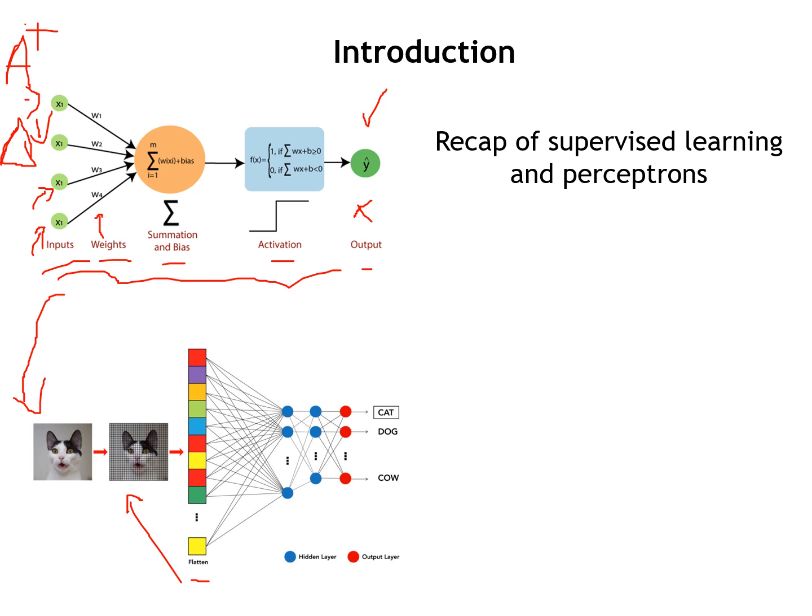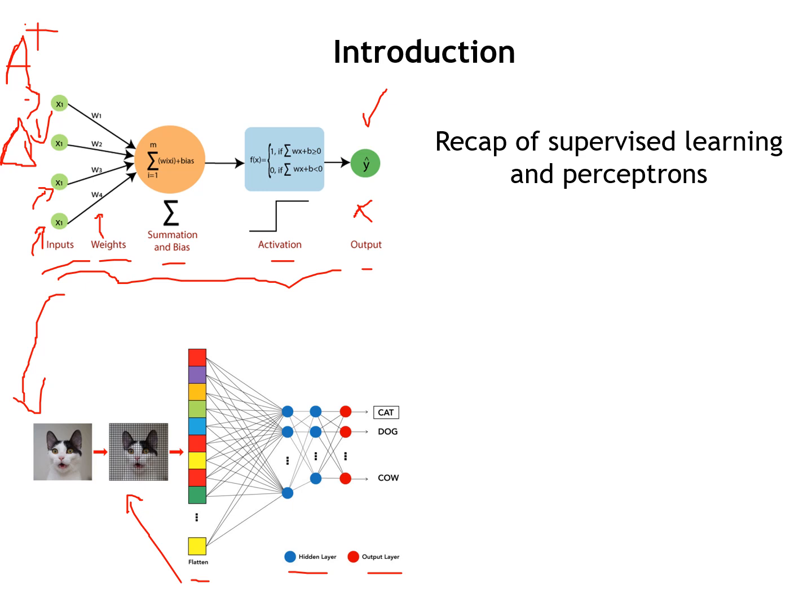Then you have these hidden layers that I will talk about in a second in more detail. And here you have an output layer. Is this a cat or is it not a cat? Is this a dog or not a dog? Is it a cow or not a cow? Or you can have three outputs, as in this neural network. Depending on the architecture, you can do more complex things, like differentiating between these three animals.